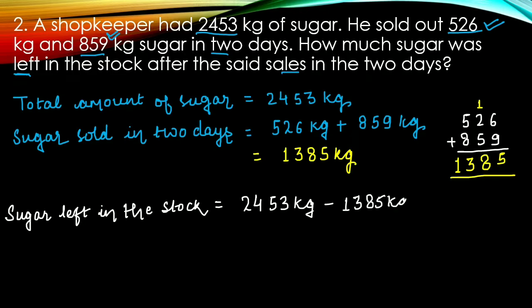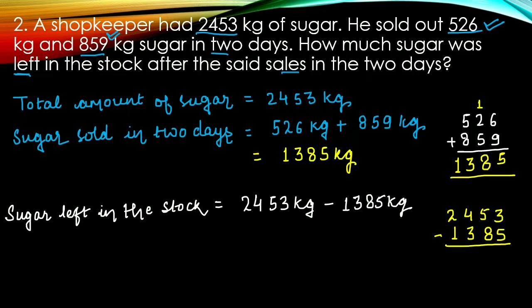So now we have to subtract these two. So write in columns 2453, 1385 and subtract them.